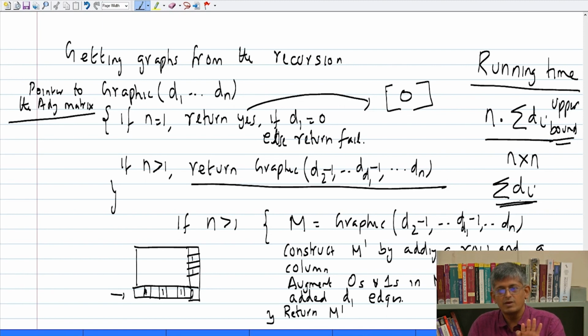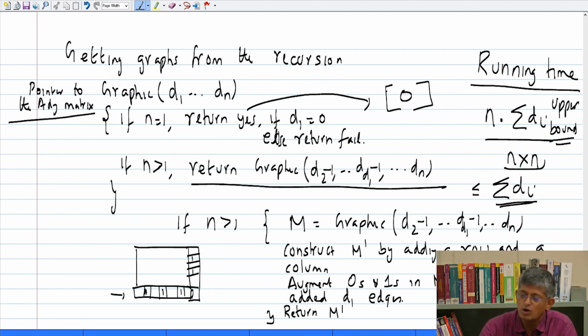Some of them it reduces by 1, some of them it does not reduce at all. But eventually the degree of every vertex comes down to 0. So therefore, the algorithm actually runs in at most summation di time. The total amount of effort that is involved is just summation di.